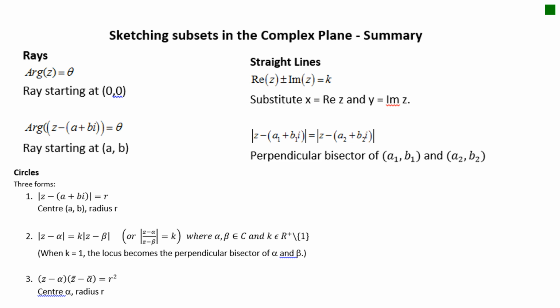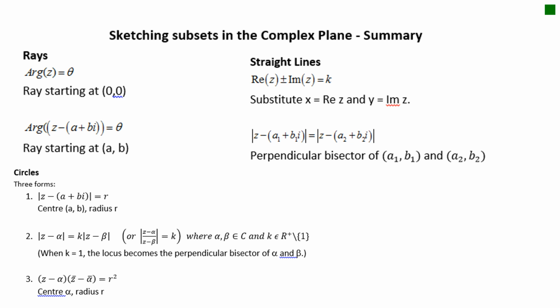I'm not imposing anything about its center or its radius based on the general form of the condition on z, but it will always produce a circle provided that k value is not equal to 1. Of course, when it is equal to 1, it defaults to that perpendicular bisector condition discussed above.